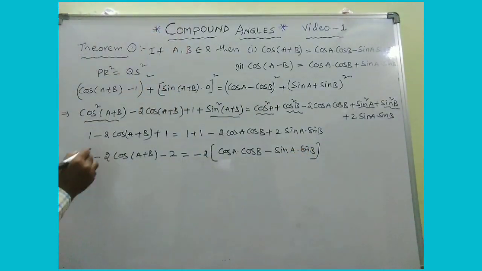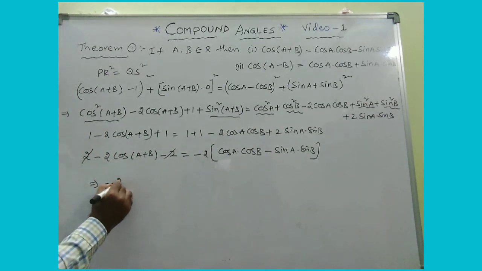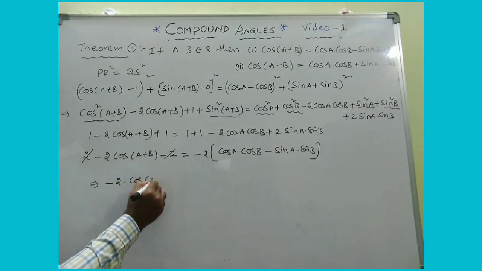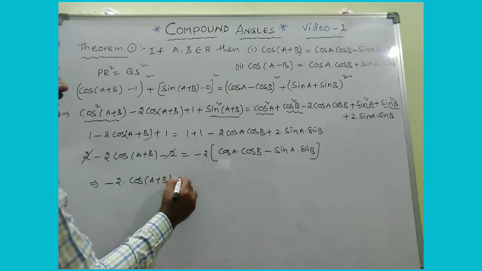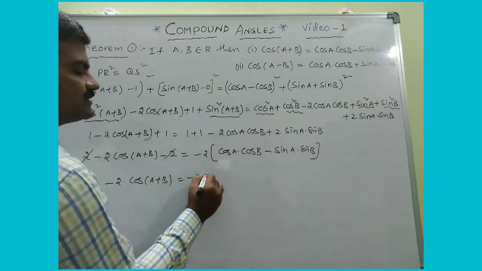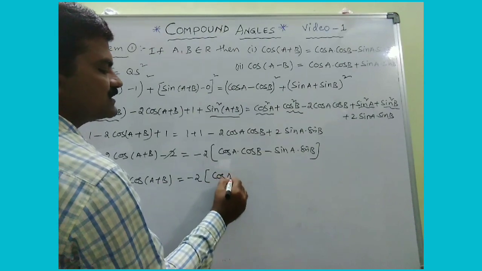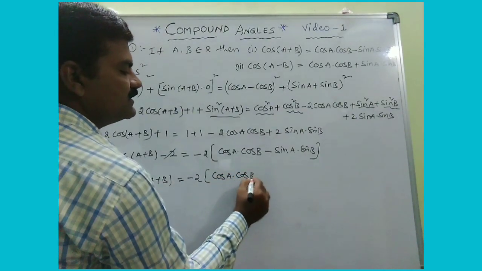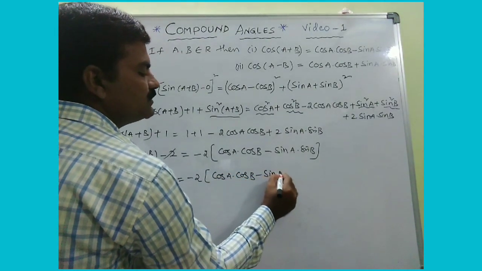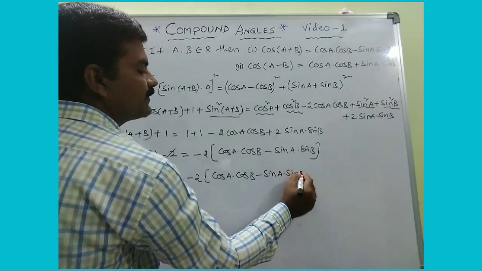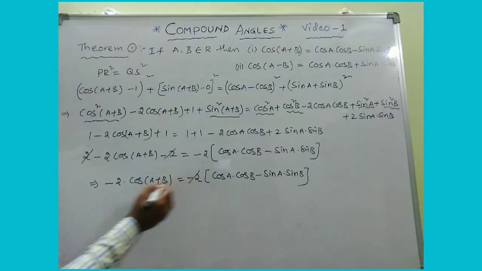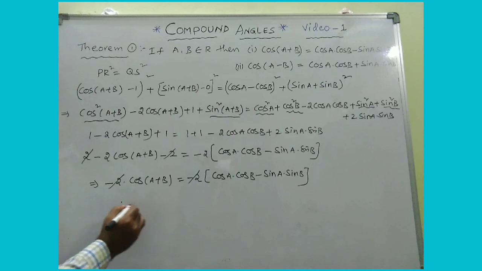Okay, so now plus 2 minus 2 cancel. What is there with us? Minus 2 into cos of a plus b is equal to minus 2 into cos a into cos b minus sin a into sin b. So minus 2 also cancels.